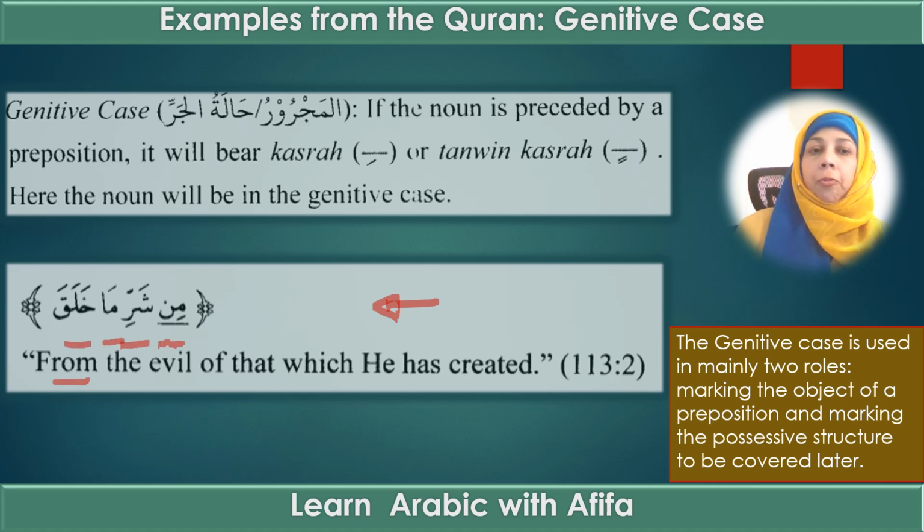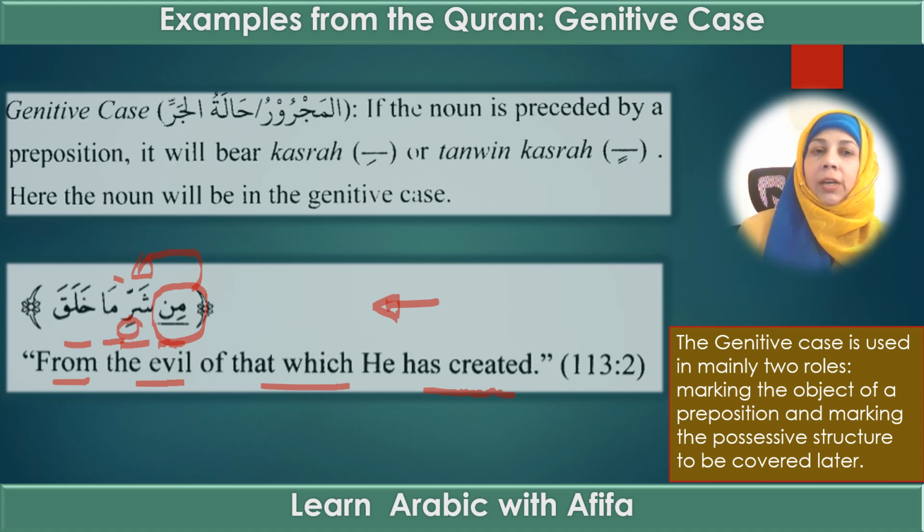It means from the evil of that which he has created. So here we observe that min came, which is a preposition, and it came before this noun, and it put it in the genitive or majrurun case with a kasra ending. Min sharri. It means from the evil.